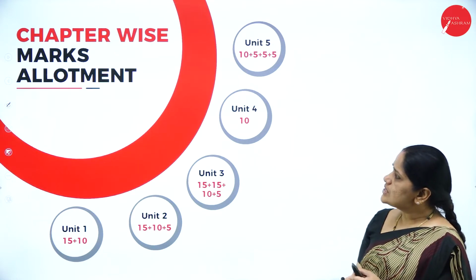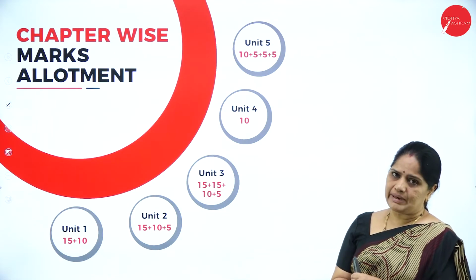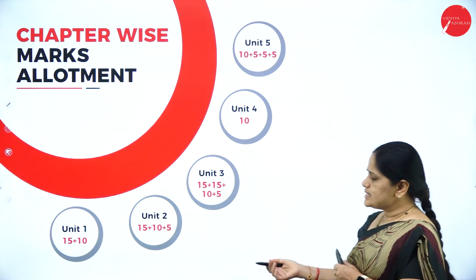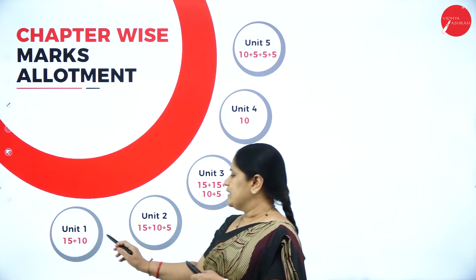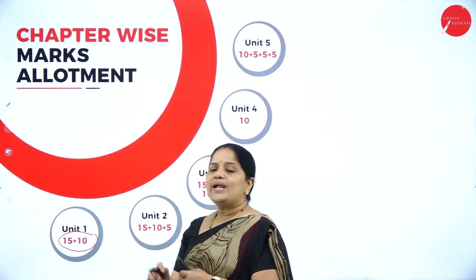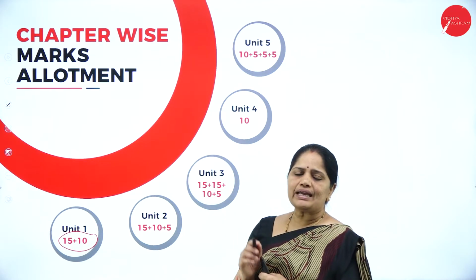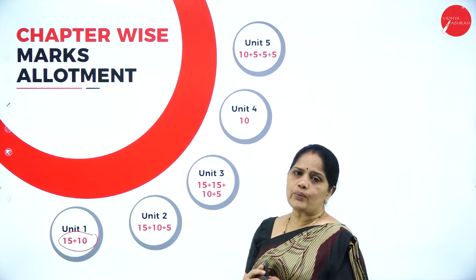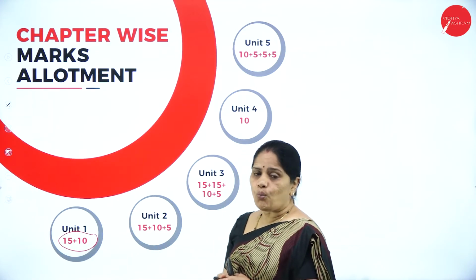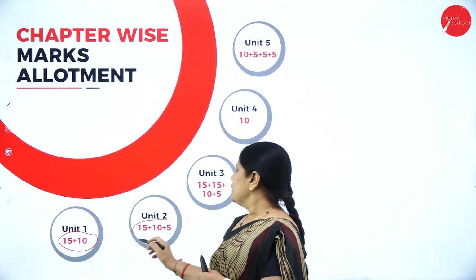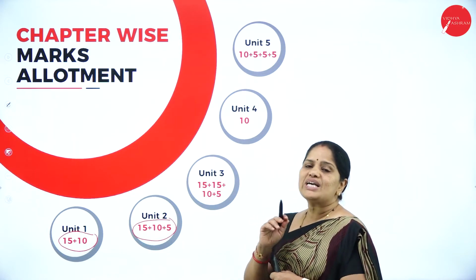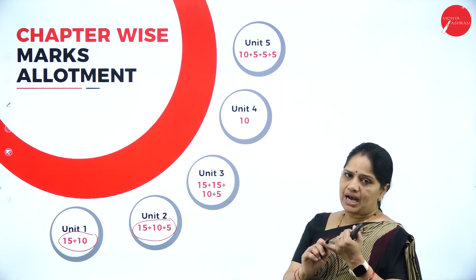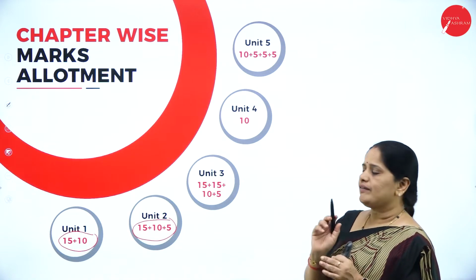Then we also have the chapter-wise allotment of marks. Now in this, unit 1 will carry 25 marks. So you can expect one 15-mark question and one 10-mark question from unit 1. In unit 2, you can expect one question each for 15 marks, 10 marks and 5 marks.